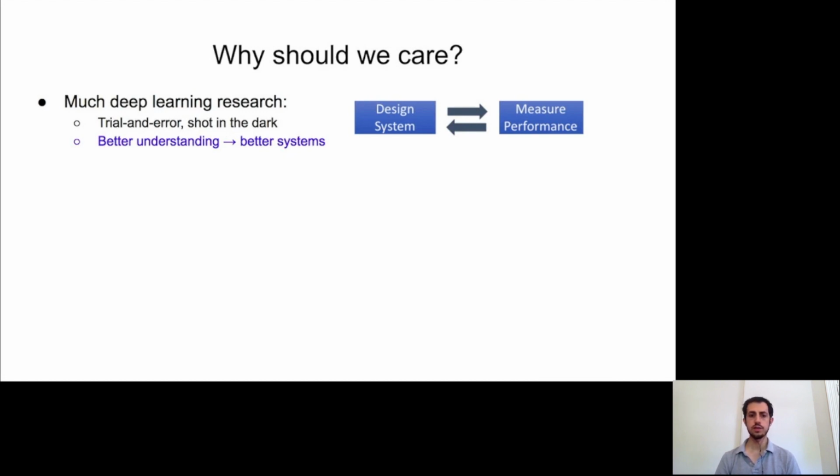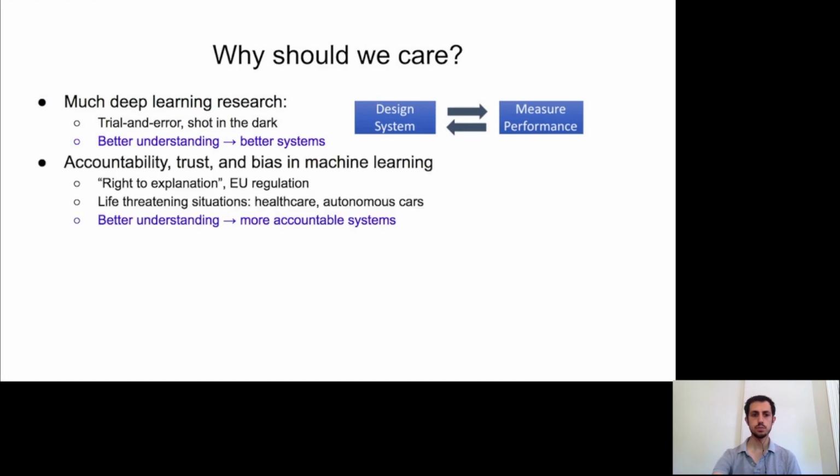But this is not a very informed process. And ultimately, we hope that the better understanding will also lead to better systems.